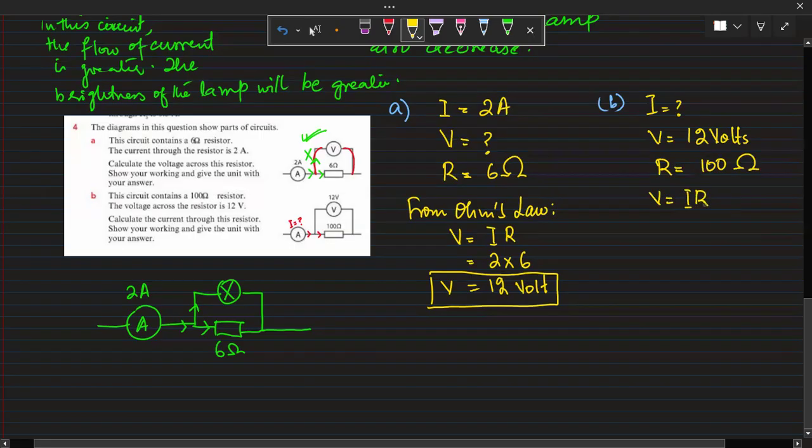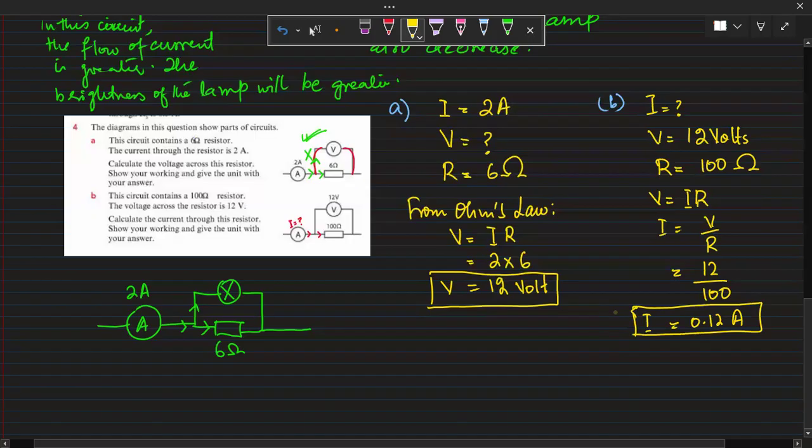V equals IR, so I equals V over R, where V is 12 volt and R is 100. So we're going to get 0.12 ampere, right?